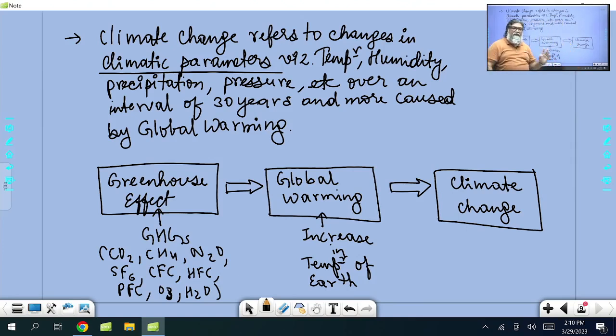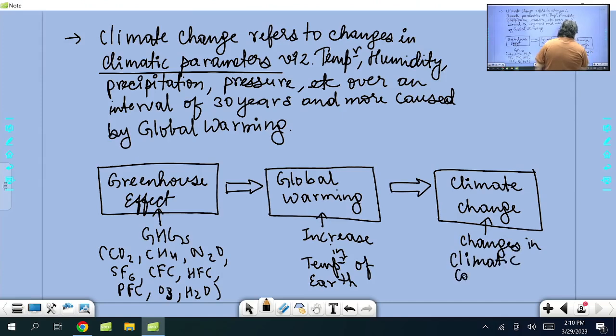The entire change of condition here, changes in climatic condition. And that is happening at local level, regional level, and also global level, right?